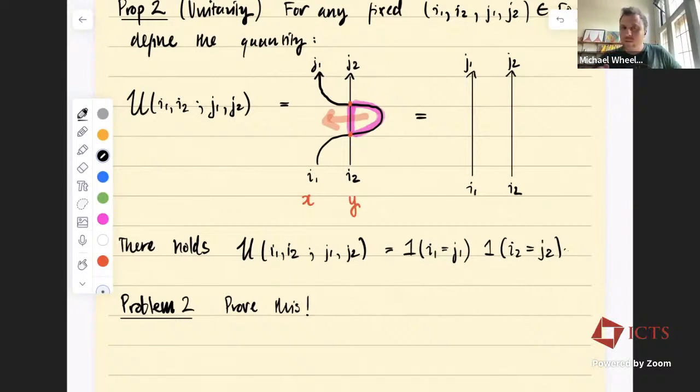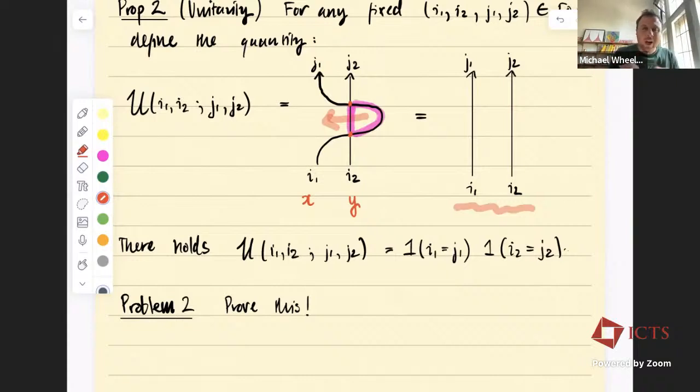Question on the weight. You define the weight of a vertex, but in the picture on the right, there is no vertex. Yeah, that's correct. I'm sort of extrapolating the meaning of the graphics here. This is a visual aid. You could equally well state this without ever drawing this picture.